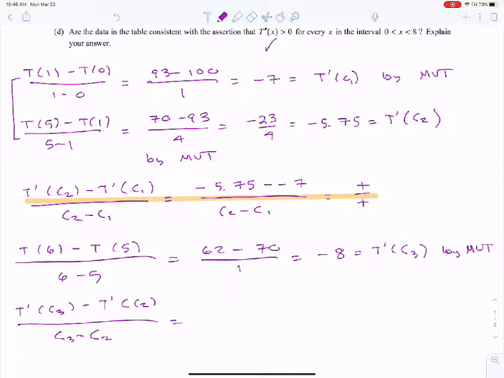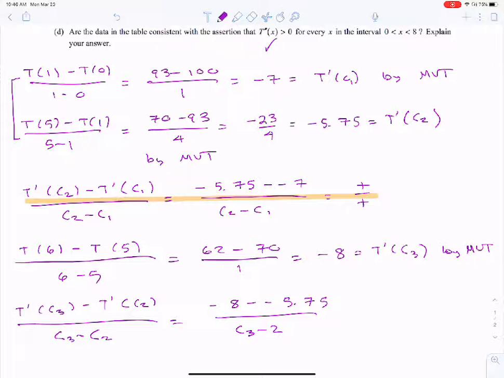And again, plugging in our numbers, t prime of C3 was -8 minus t prime of C2, which was -5.75, so minus a -5.75. And again, C3 minus C2 is positive.